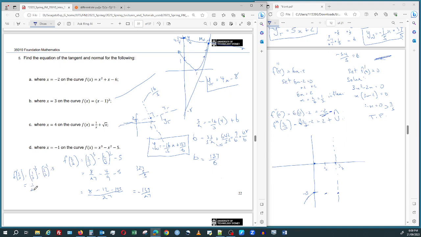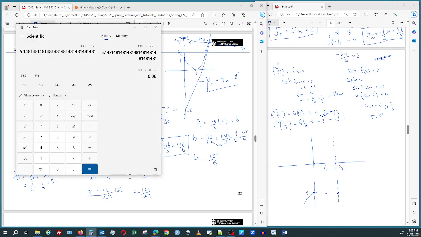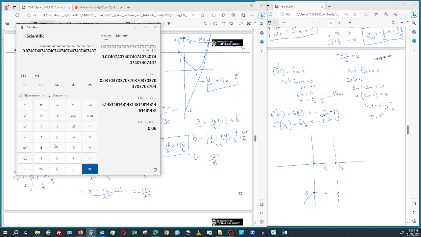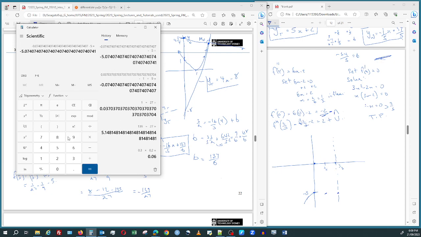We get 1 on 27 minus 1 on 9 minus 5. I'll just do it that way, a bit lousy. Minus 1 divided by 5.07. So it's a little bit less.